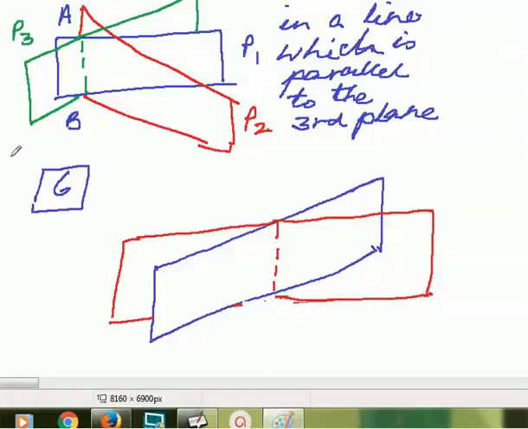Yeah, this is plane 2. Now plane 1 and plane 2 intersect to form a line. This line is AB. Now this line does not lie on the third plane. It is parallel to the third plane. Let us see this.